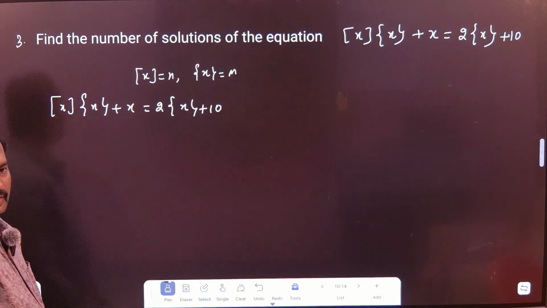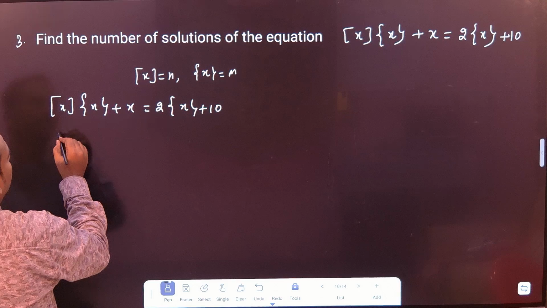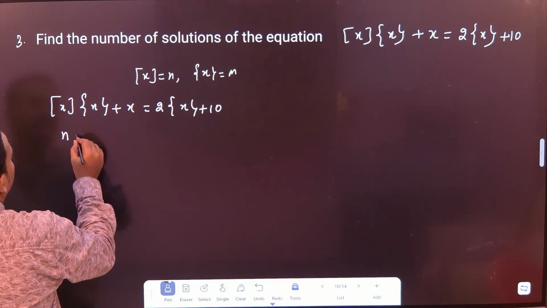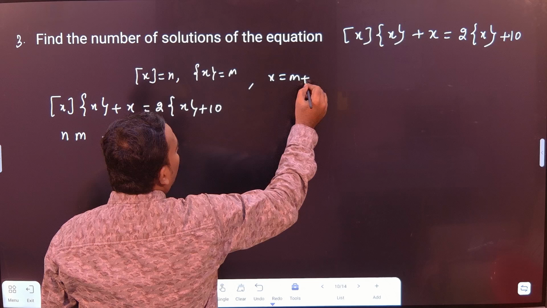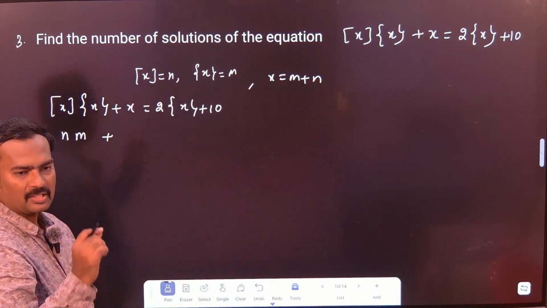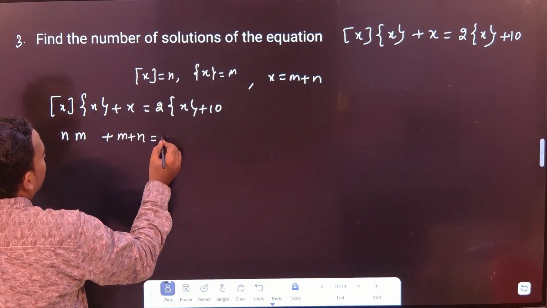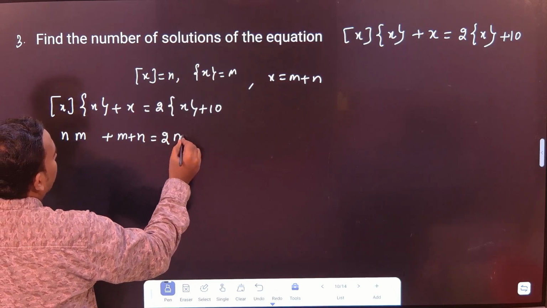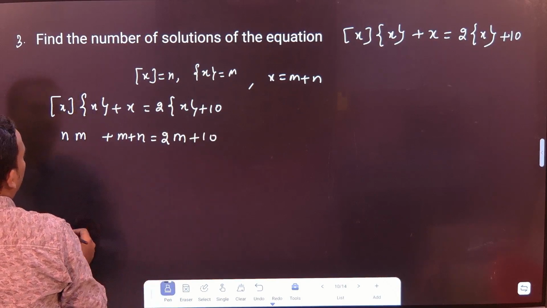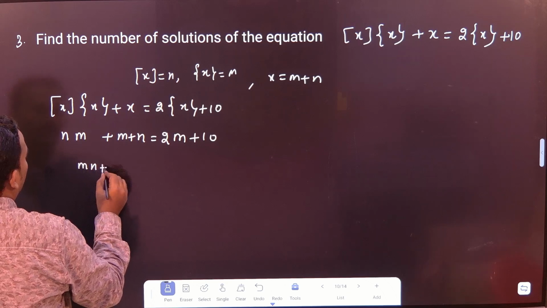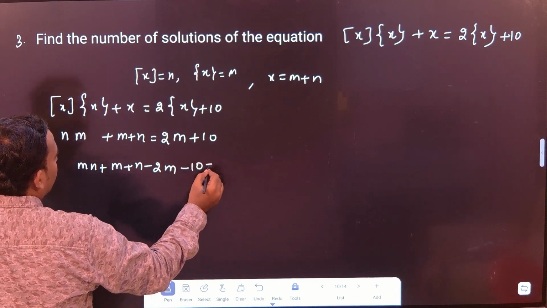Just replace the greatest integer function with n, the fractional part function with m, plus, how to write x? m plus n, where m is the fractional part function and n is the greatest integer function, right? So m plus n you can write. 2 times the fractional part function here is 2m, plus 10. You can simplify this. You can see this is mn plus m plus n minus 2m minus 10 equal to 0, right?